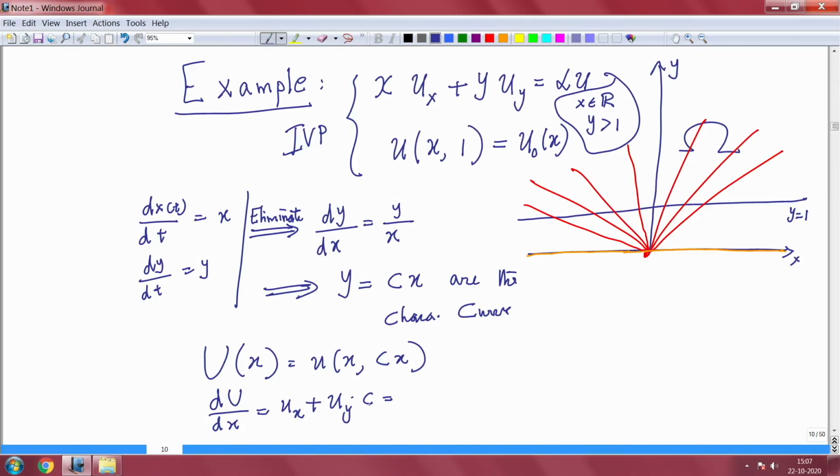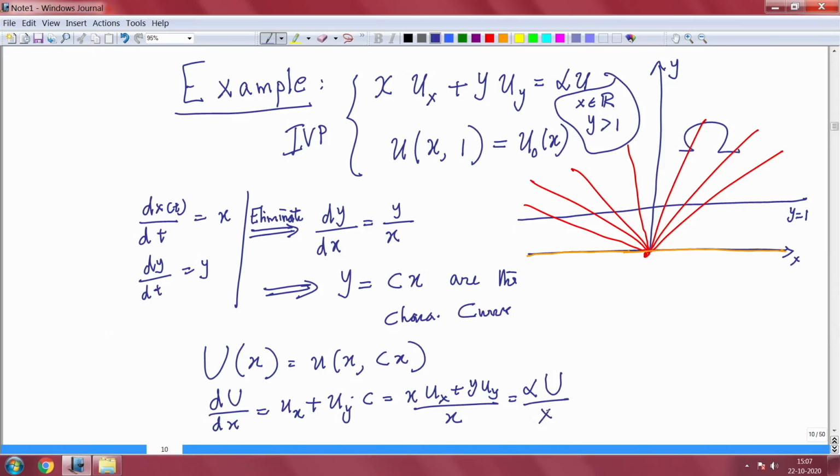So, you will get x ux plus y uy, divided by x. So, you will have alpha u by x.